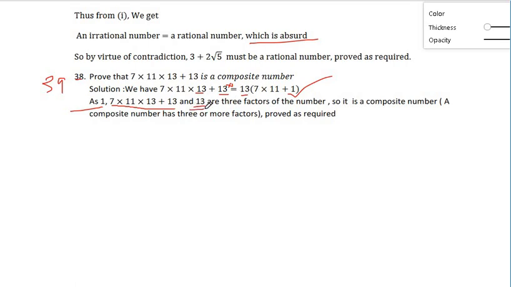So we have 3 factors. It may be more also, it does not matter. We need minimum 3 factors. So since we have 3 factors here, it must be a composite number. A composite number has 3 or more factors. Proof as required.